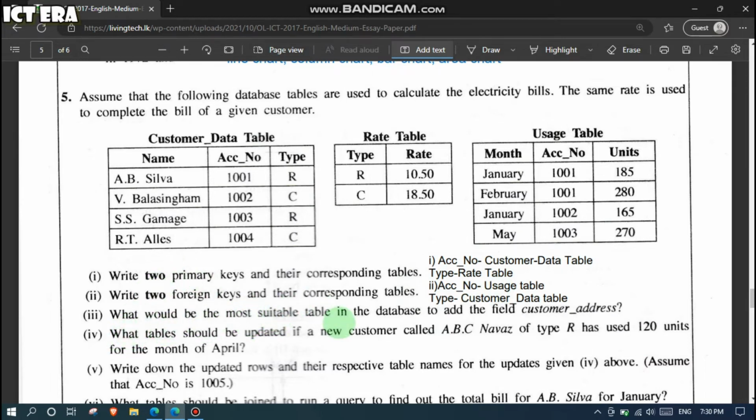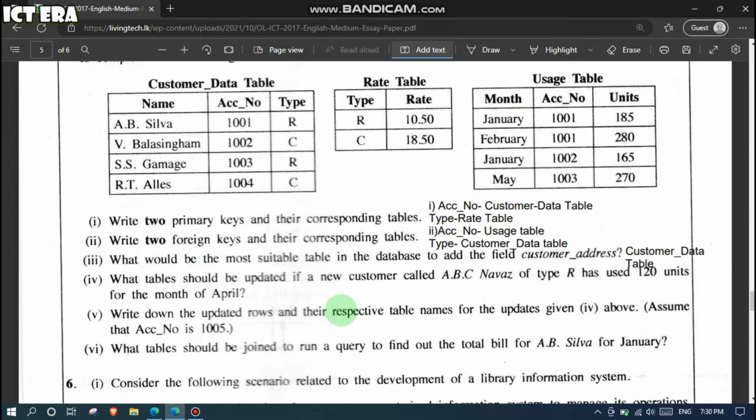What would be the most suitable table in the database to add the field customer address? So customer address should be added to the customer data table. The next one, what table should be updated if a new customer called ABC Nawaz of type R has used 120 units for the month of April?